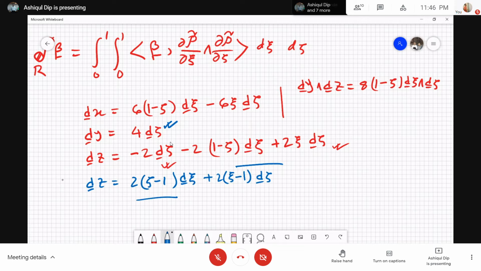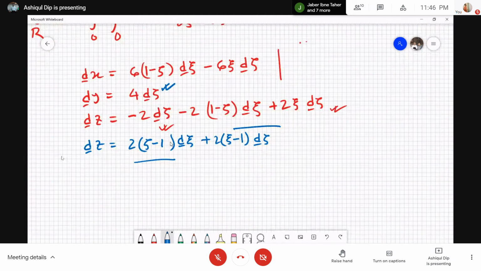Did I make a mistake? No, I switched that thing as well. So let's write it this way. That's better. Okay, let's evaluate. dy wedge dz is minus, because I'm considering this times that, so minus 8(zeta minus 1) d xi wedge d zeta, right?